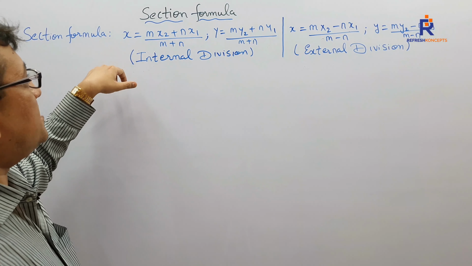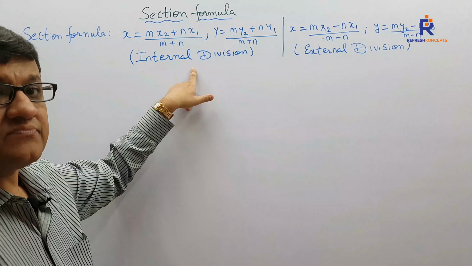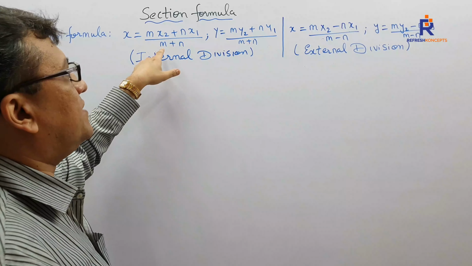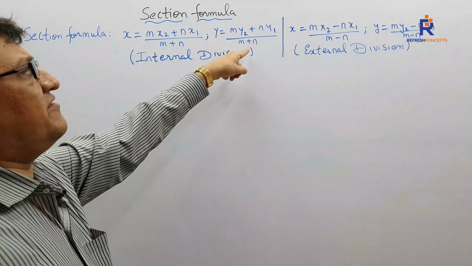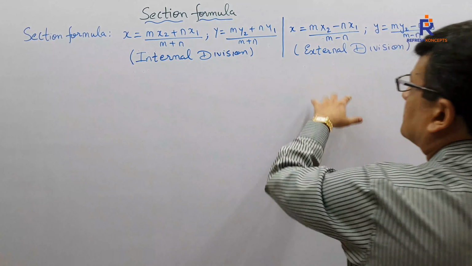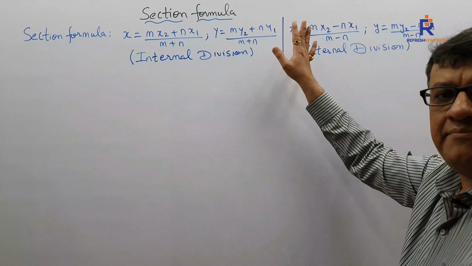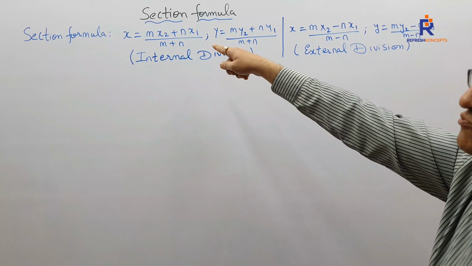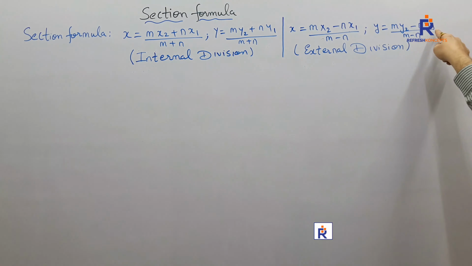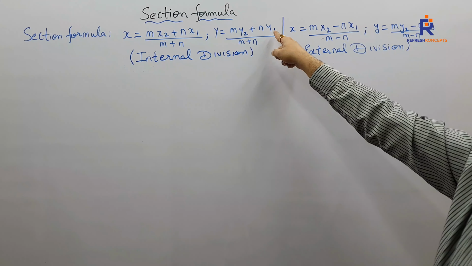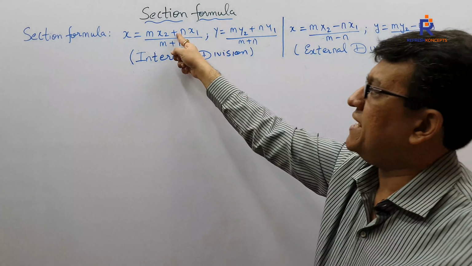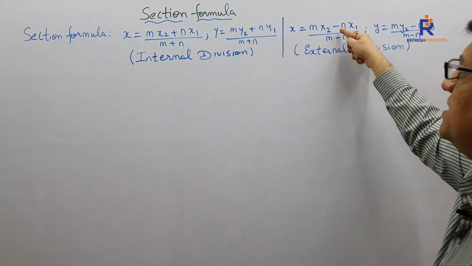Once again, what is section formula for internal division? The x coordinate of that particular point is given by mx2 plus nx1 upon m plus n, my2 plus ny1 upon m plus n. This is internal division. What about external division? It is the same, except where it was plus here, it's minus here. That's the only difference. mx2, nx1, my2, ny1, upon m, n, but wherever there was a plus sign, here it is going to be minus.